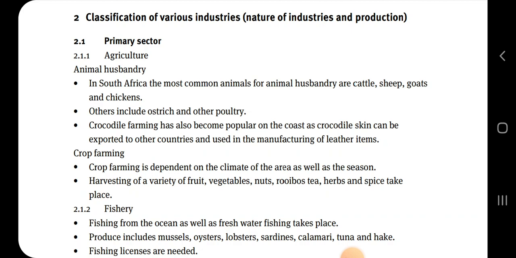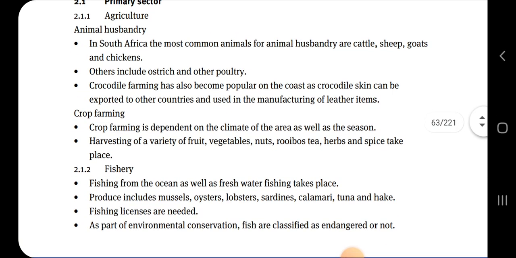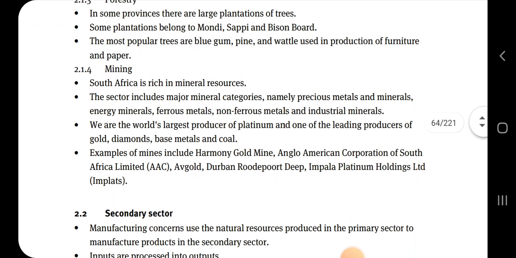So in the primary sector, we have agriculture, we have crop farming. Agriculture is animal husbandry, and then we have crop farming in agriculture, okay. And then we also have fishery, we have forestry, and we have mining. That is the primary sector.